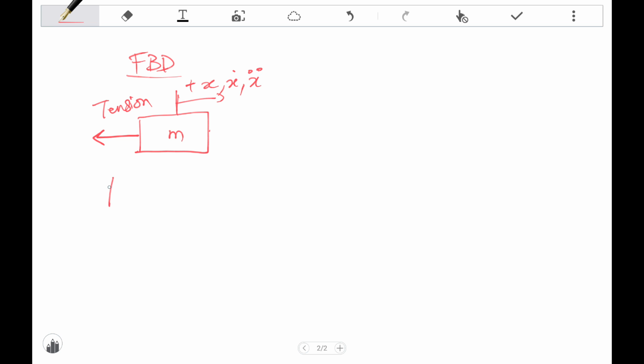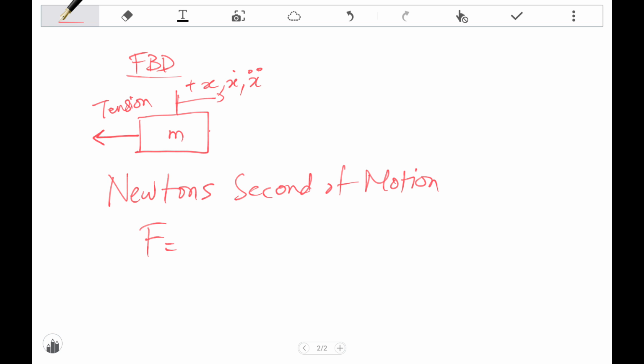Okay, so we're going to use Newton's second law of motion, which is F equals ma, the mass times the acceleration.